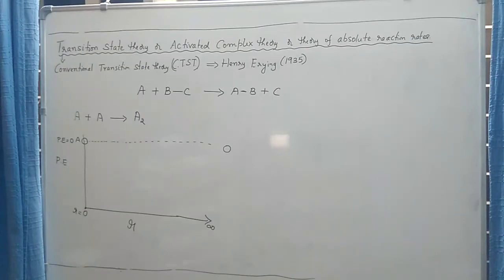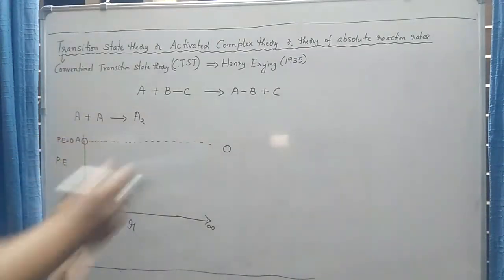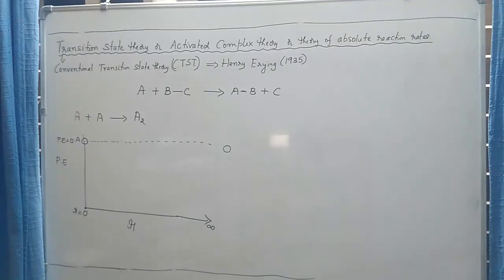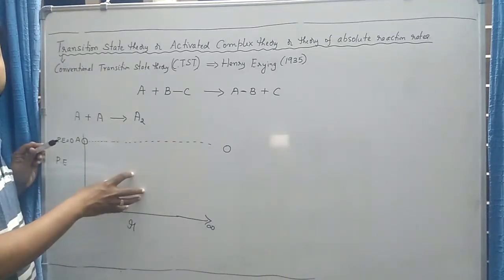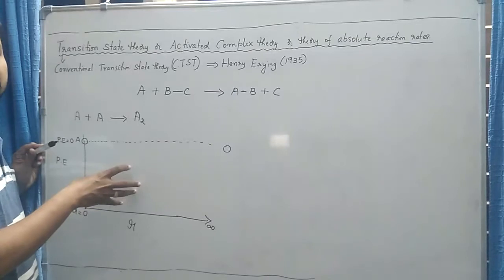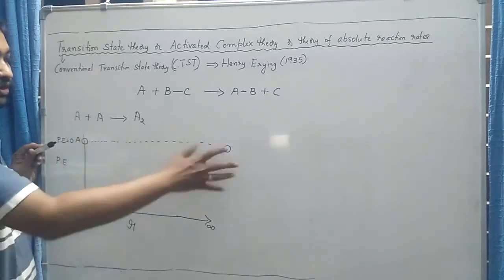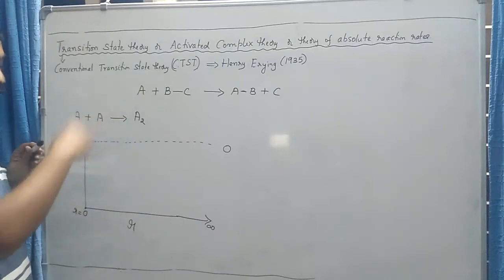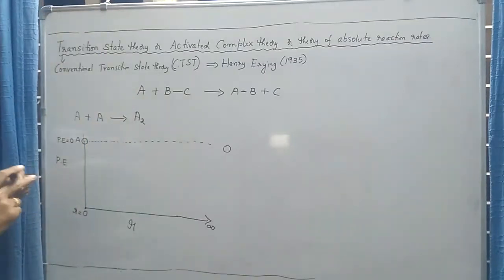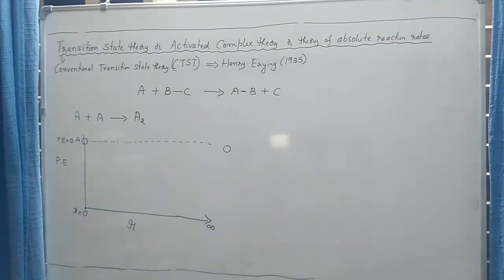So all the energy is in the form of kinetic energy, and since there is no interaction between the two molecules, the potential energy is equal to 0. Any point below this reference line represents negative potential energy, meaning that there is a force of attraction between these two atoms. Any point above this reference line, which corresponds to positive potential energy, corresponds to repulsion between the two atoms.